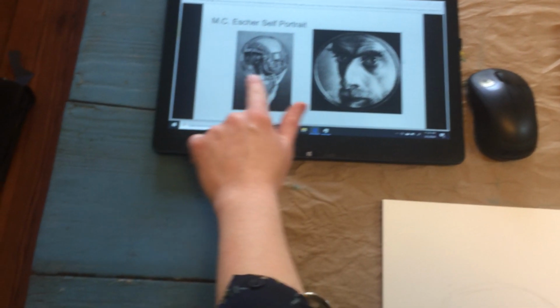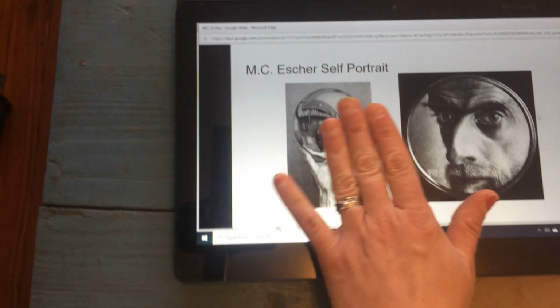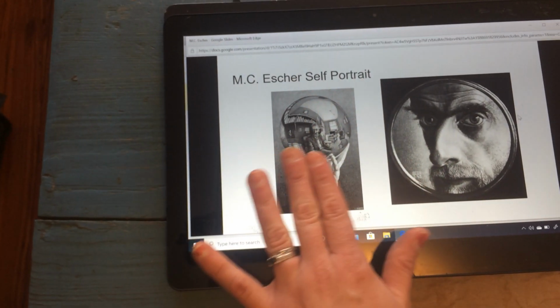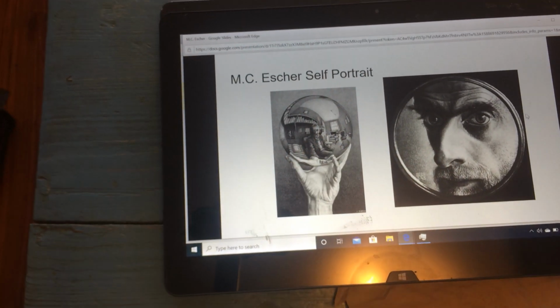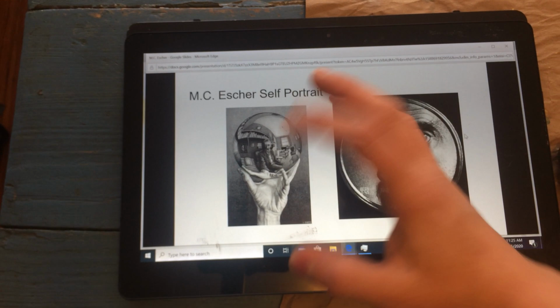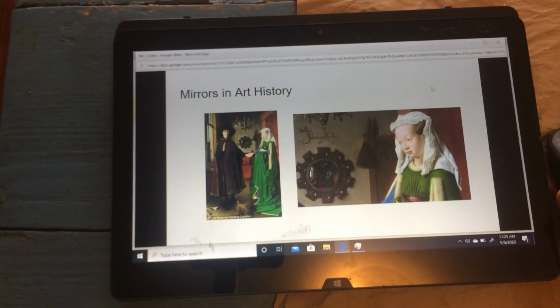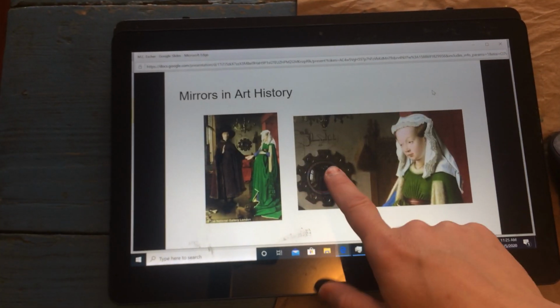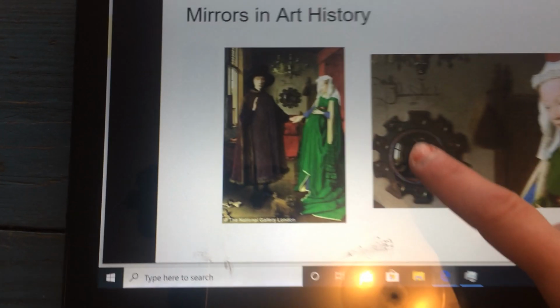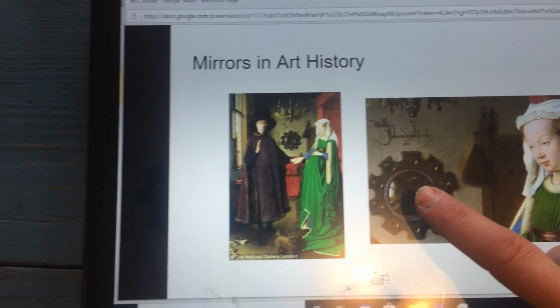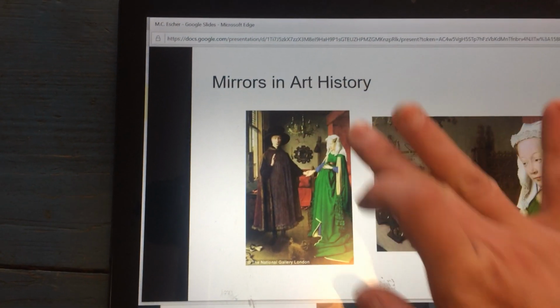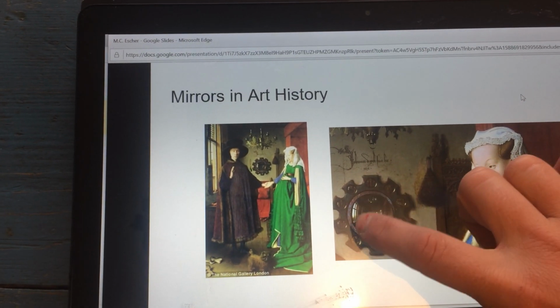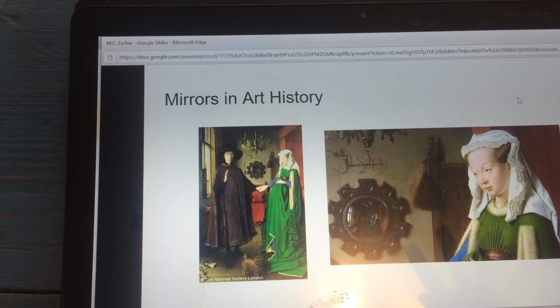You can see him doing that similarly in this, where this is almost all shaded in, and his hand is lighter. Jan van Eyck does the same thing: his mirror is quite a bit darker than everything around it, except for the light coming in through the window, which is almost brighter than everything around it.